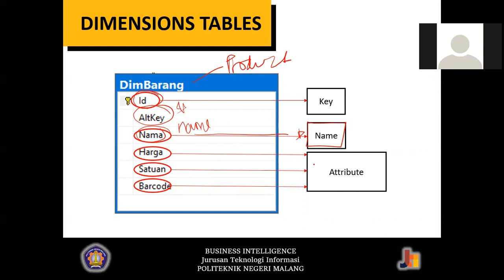And then the attribute of the dimension will represent the price. And maybe for the measurement, or for the code that is used in the barcode, or the category and others, it will stand for the attribute.